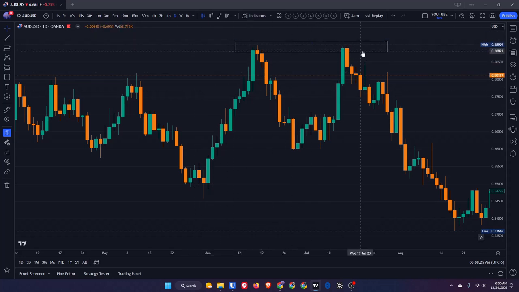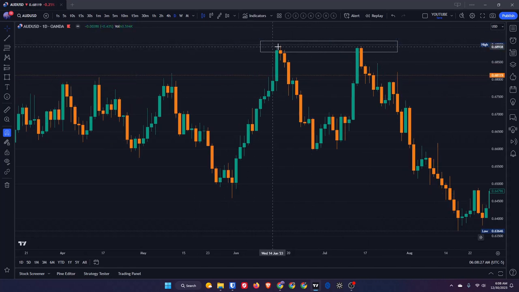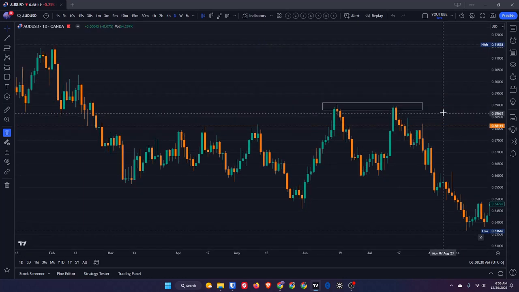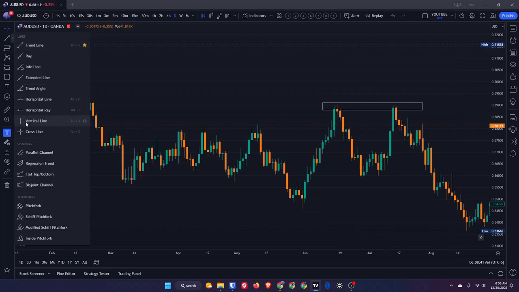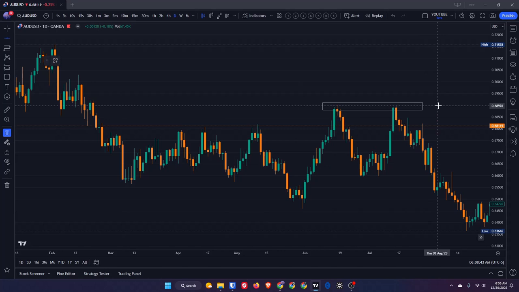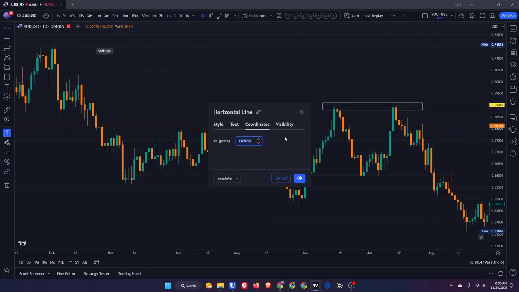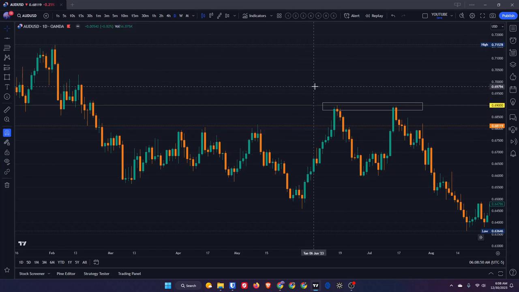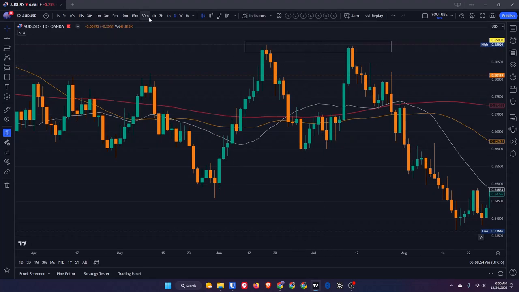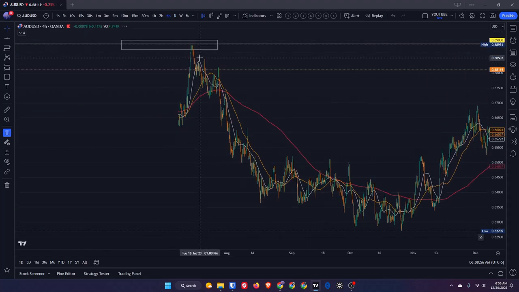So let's say this right here is support resistance. If I was trading this and I was like, oh okay, it's going to come down, then I would use multiple confluences. Okay, so we have a resistance zone right here. On top of that, we have a quarter level right here at 0.69. On top of that, I might throw some moving averages on it and scale it down to the smaller time frame.